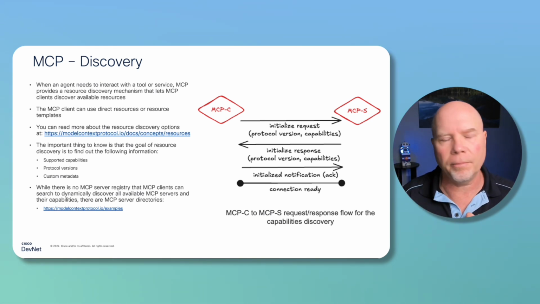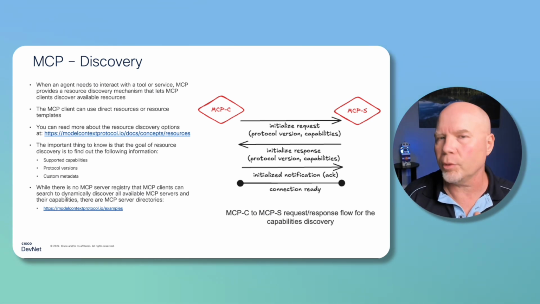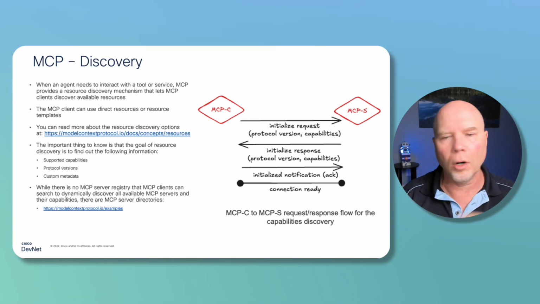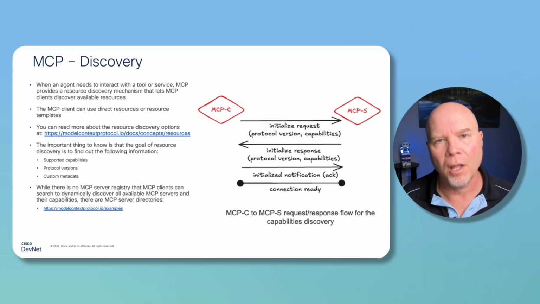So I would say HTTP localhost:3000, and that's my HTTP-SSE endpoint, or some other path to get there, right? So I would know ahead of time the information around my MCP server. I would enter that in there. That is not discovery. That is a static definition. Then when I do an initialize request and response and notification, that's where I am doing the discovery of what the server can provide for me.